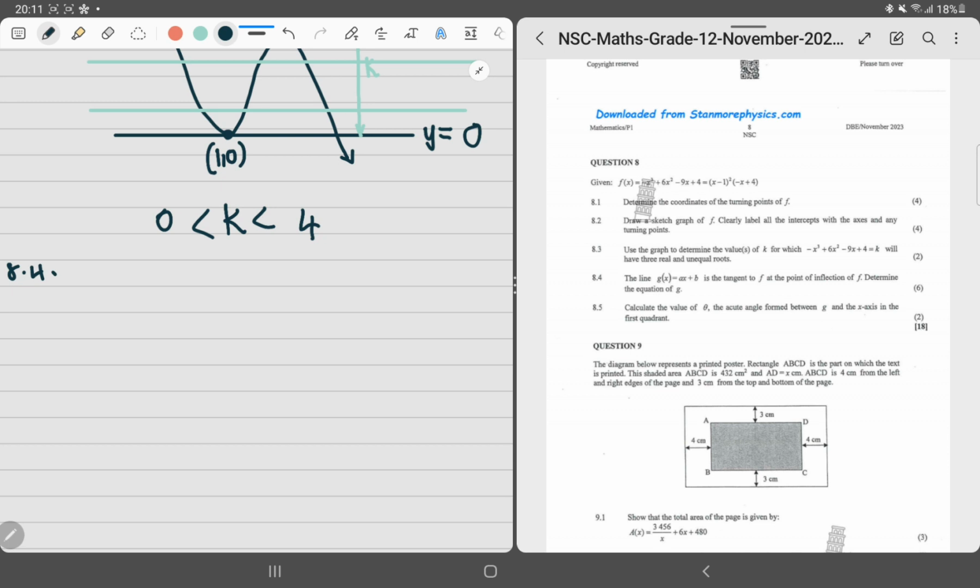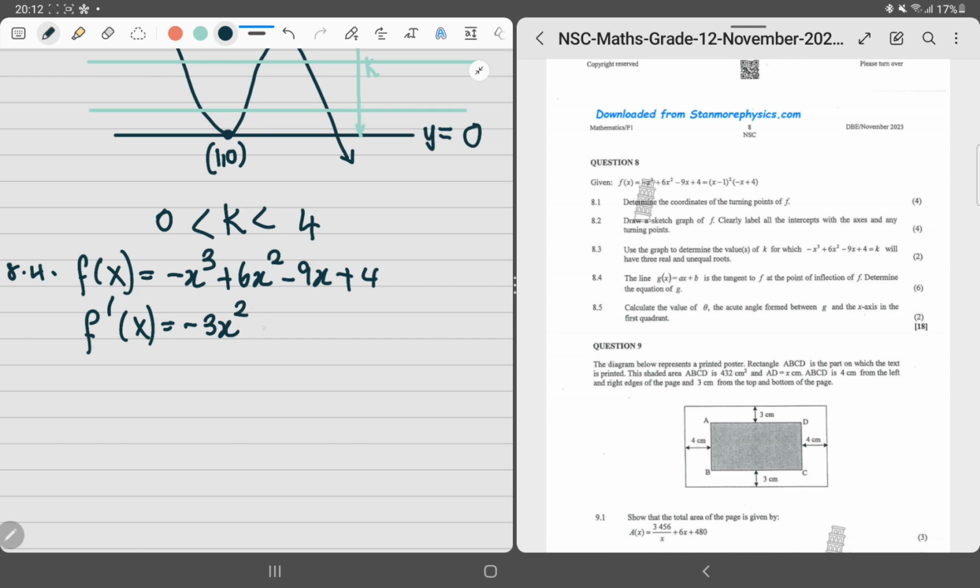The line g of x is a tangent to f at the point of inflection of f. Determine the equation of g. So f of x is equal to negative x cubed plus 6x squared minus 9x plus 4. In order to find the point of inflection, we need to find the second derivative of f of x. So this is the first derivative.